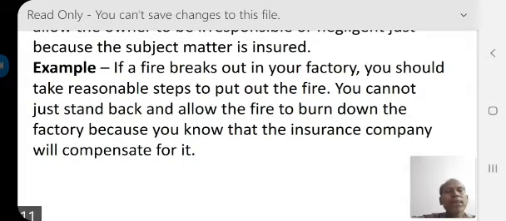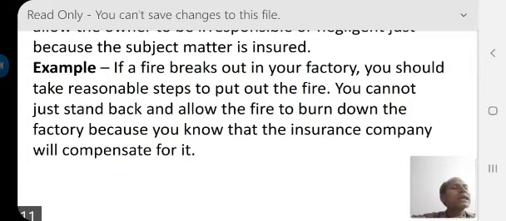If you don't act within the possible circumstances, you have an intention to cause loss to the insurer. In such situations, the insurer objects to pay the loss to you because you have not taken any measures to stop that incident.